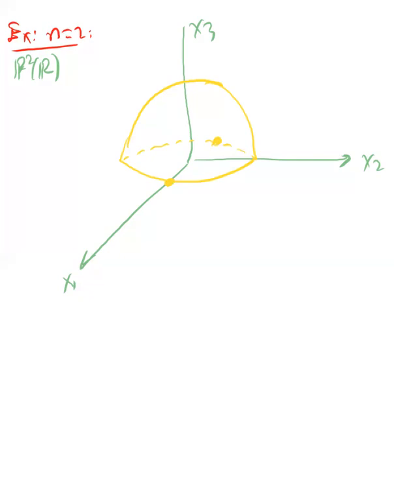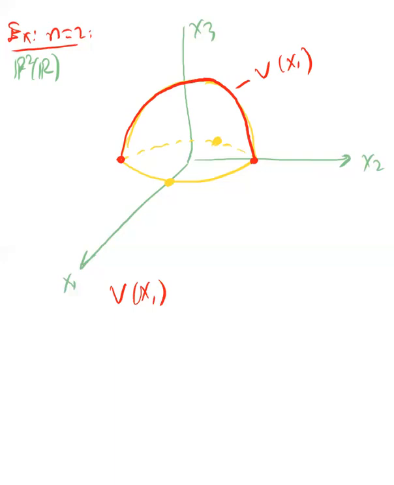V(x1) is the points where x1 is equal to 0. So it is the intersection of this hemisphere with the x1 = 0 plane, which is the x2, x3 plane. So this is V(x1). Of course, this point is identified with that one, so that we have a circle.